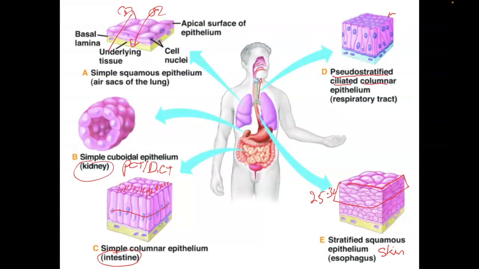So, for example, let's say in the intestine, right here, let's say the person drinks alcohol, or they take antibiotics, or NSAIDs, non-steroidal anti-inflammatory drugs. What do they take for inflammation?